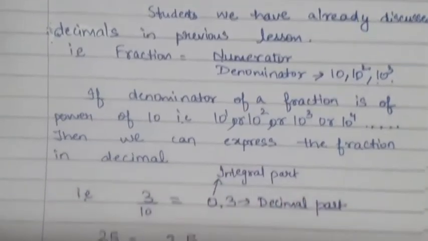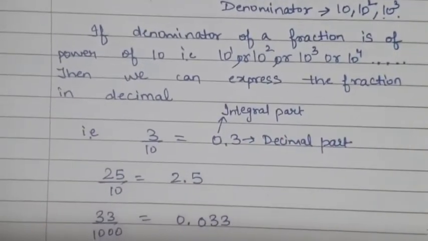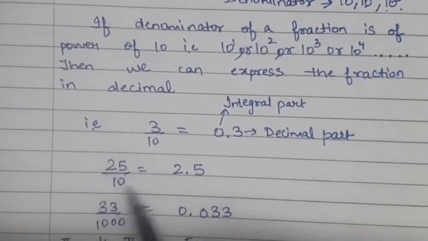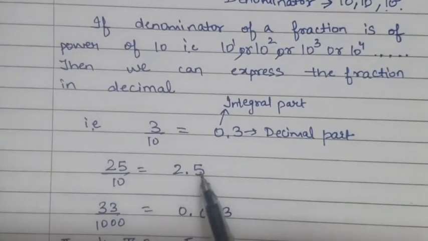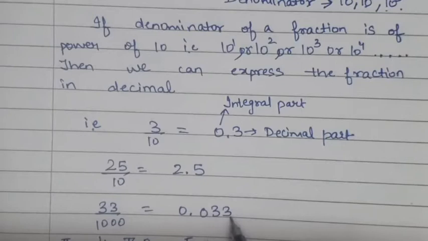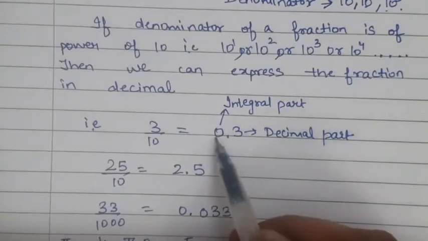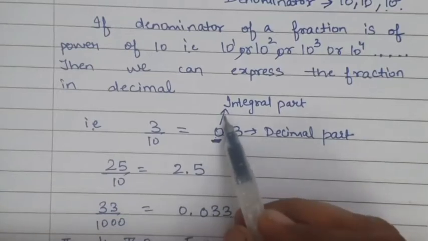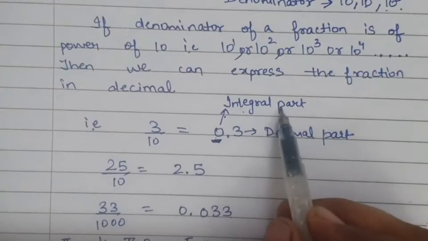That is, 3 upon 10 is 0.3, 25 upon 10 is 2.5 and 33 upon 1000 is 0.033. So children, whatever the digit or value is before the decimal, we call it the integral part.